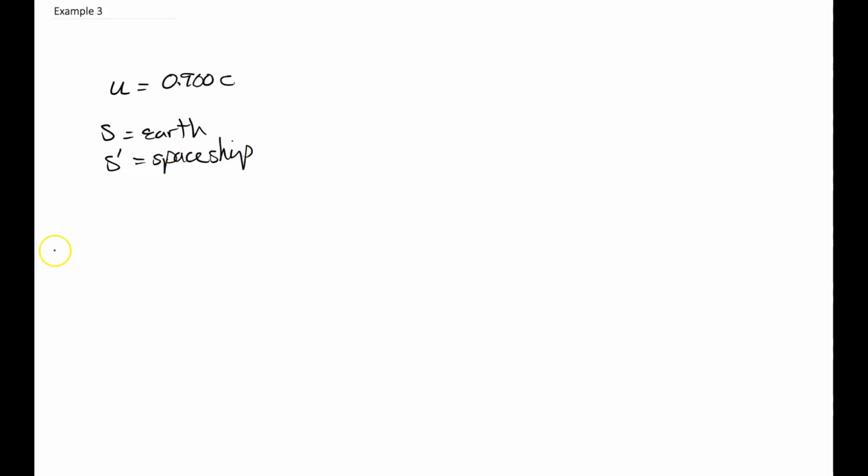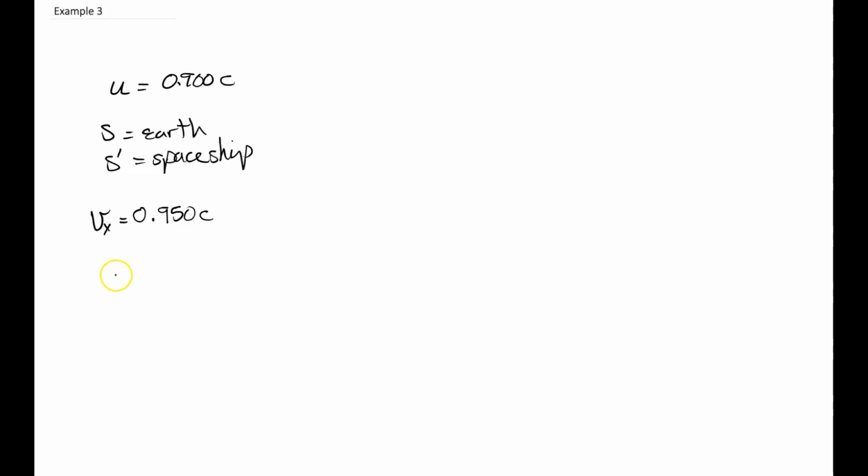And for the spaceship, we are given that the velocity of the spaceship is Vx, which is 0.950 c relative to S, and we want to find in part A the probe velocity.